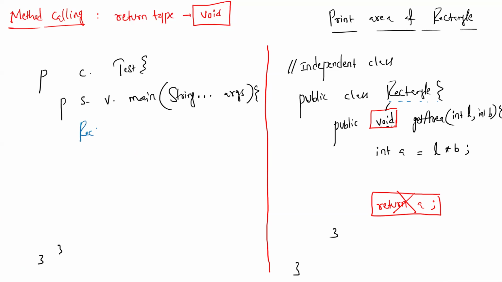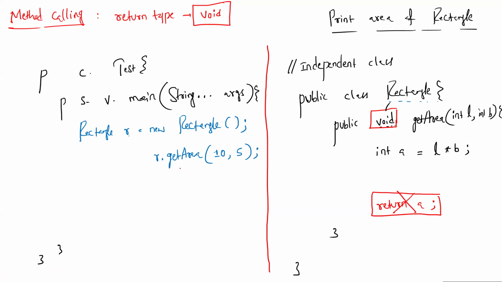So I take the class and reference: Rectangle r equals new keyword, again the class name Rectangle, empty parentheses, semicolon. Then using this reference r dot, we have to use the method signature to call the method. Till here there is no difference between a non-void return type and a void return type. The length value we have to pass, I'm giving 10, breadth value is 5, semicolon. This part we are aware of as method calling.